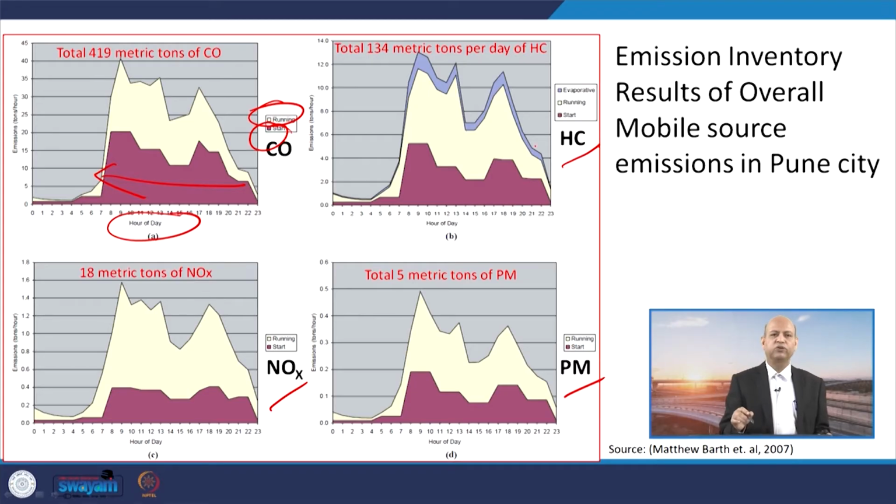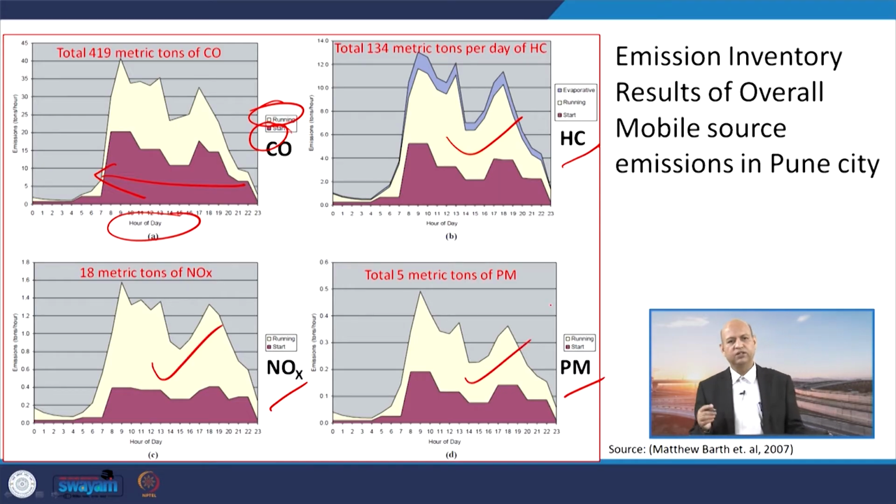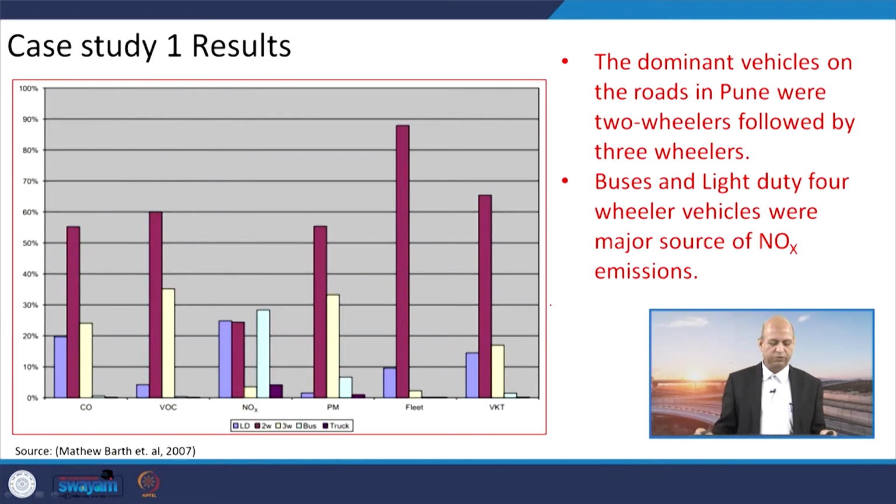But in the case of hydrocarbons, a third parameter is also used, evaporative emissions. But during running, a lot of hydrocarbons are emitted. Similarly, NOx and particulate matter emissions due to running are more, naturally because they have more time span for running, that may be the reason.